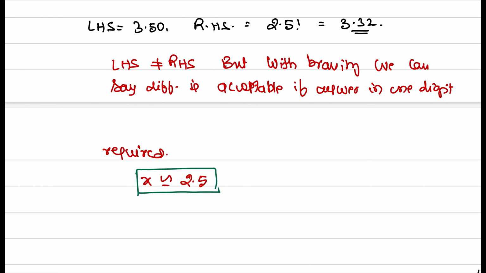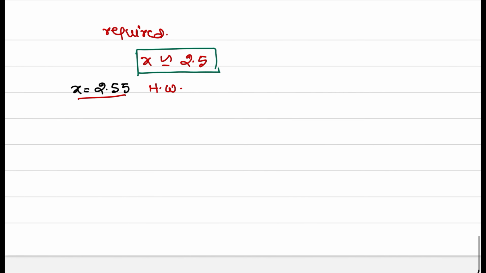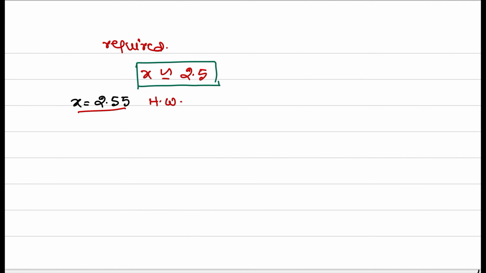to find the approximate value for x is equal to 2.55 in the similar way. That you treat it as a homework and do it. That means without any calculator we are able to find the approximate value of x as 2.5, and a further approximation using the same principles we will get an answer to be around 2.55 or 2.56.